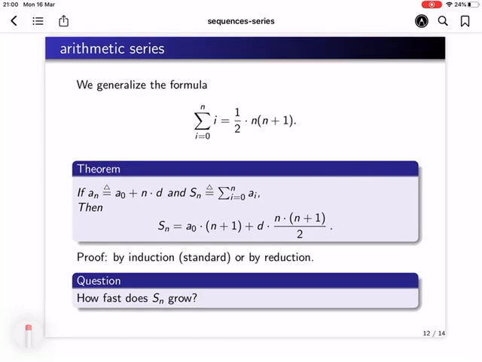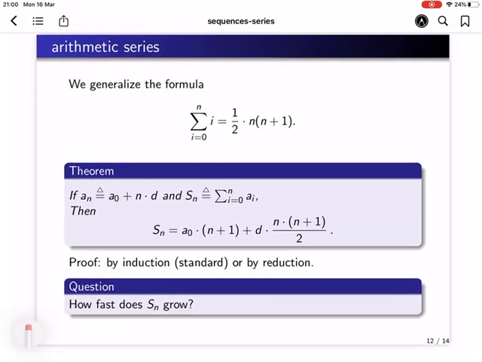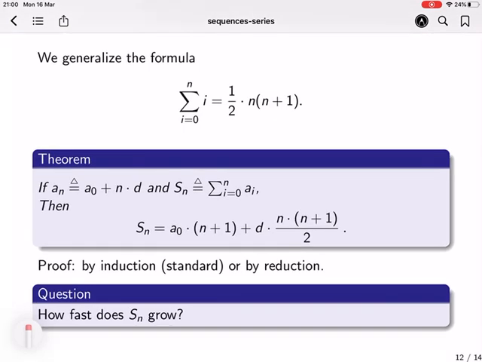Let's generalize our formula for the sum of the first n plus 1 natural numbers, the sum of i from 0 to n of i. We proved that it equals 1/2 times n times n plus 1. This is in the chapter on induction. Now what we want to do is generalize this formula. We look at a general arithmetic sequence and let Sn be the partial sum of the first n plus 1 elements in our arithmetic sequence, namely Sn equals the sum of Ai, i goes from 0 to n.